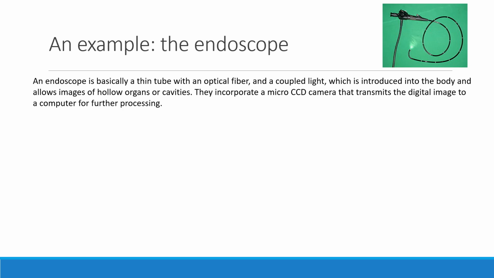And also, we need something to make the image. Typically, we use a CCD camera to catch the images from the body, from the hollow cavities in the body in which the endoscope is introduced. So these images are sent directly to a computer, and the computer will process the digital images, and then they will be passed to the physicians so that they can interpret what is happening there.